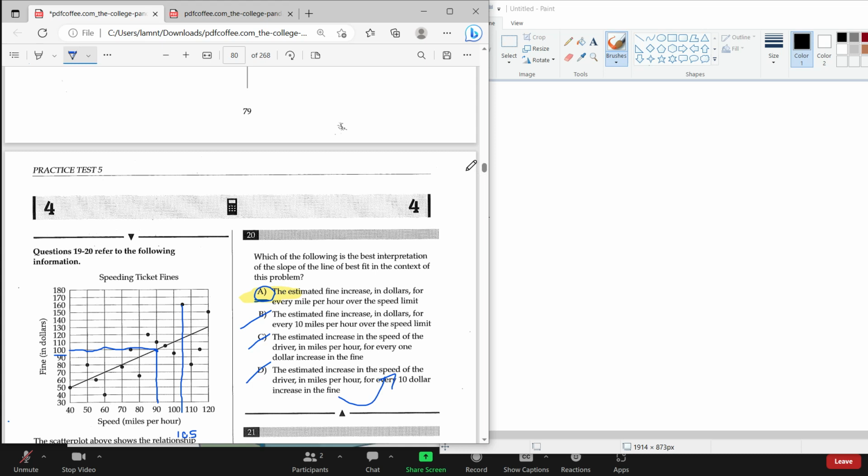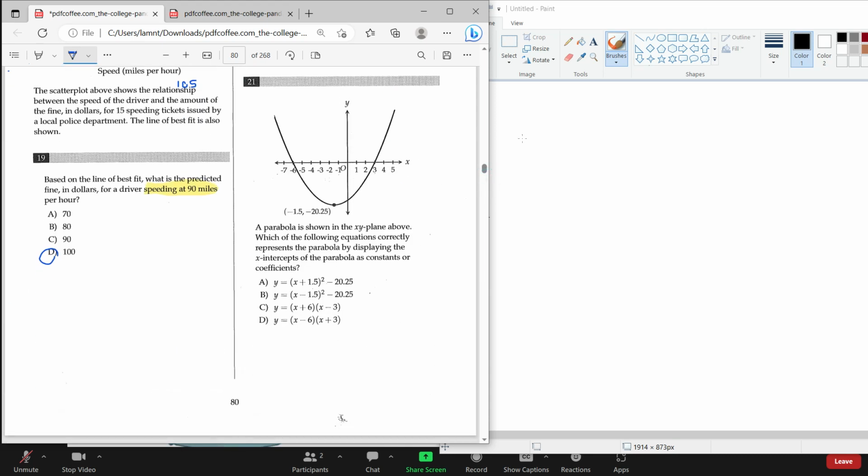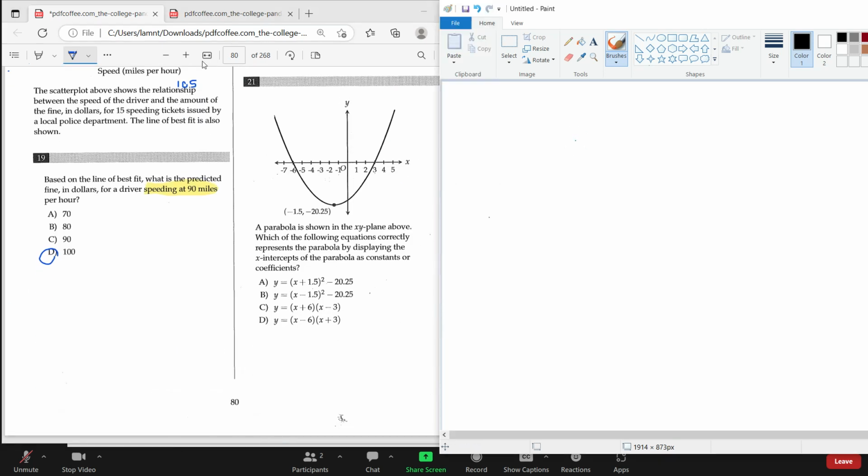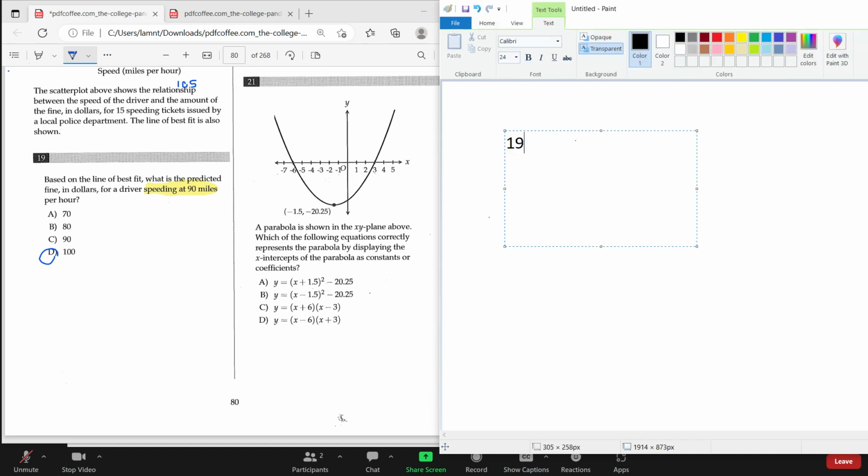Alright, so for number 21, 19 is D, 20 is A. Okay, so number 21, we have the parabola, and they ask what is the equation of this parabola. So we know that this parabola intersects the x-axis at what points?